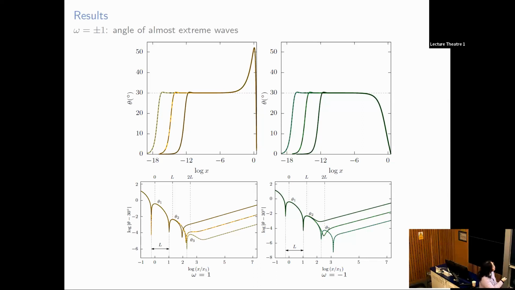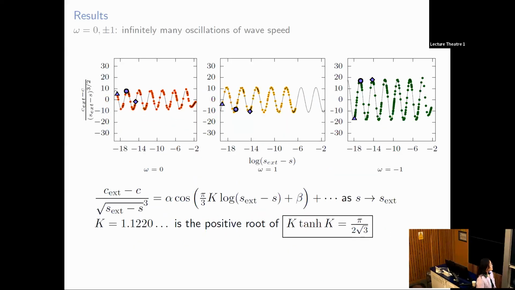When we are closer to the extreme wave, to like 10 to the -18, whatever that means, then we are able to resolve 3 oscillations. And with this value for 0 vorticity, we can resolve at least 6 oscillations with accuracy. So that's the effect of vorticity.